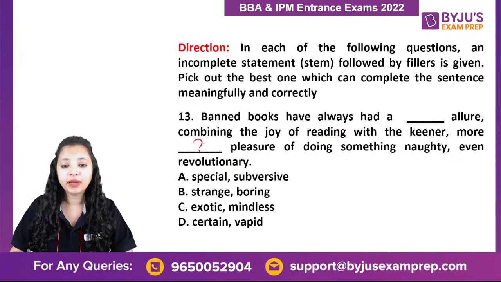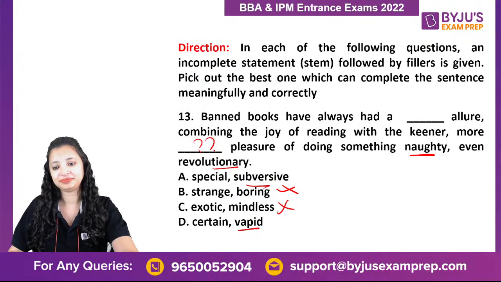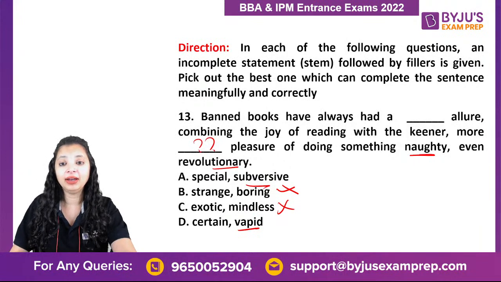So what kind of pleasure will force you to do something naughty and revolutionary? Boring cannot be the answer. This option is eliminated. I'm only left with subversive and vapid. What does vapid mean, everyone? Vapid is boring, bland.